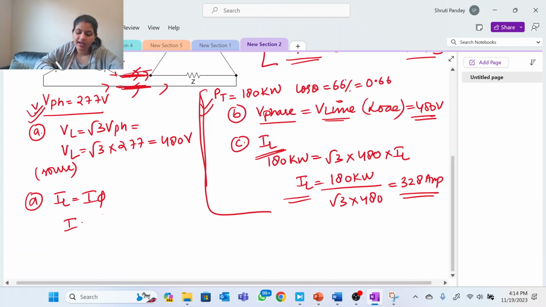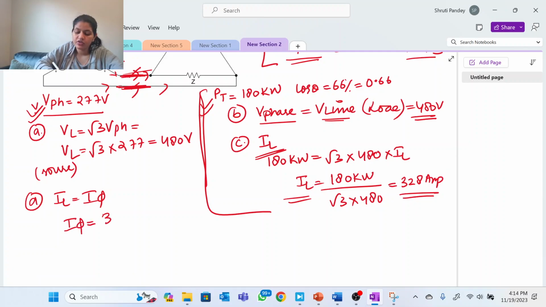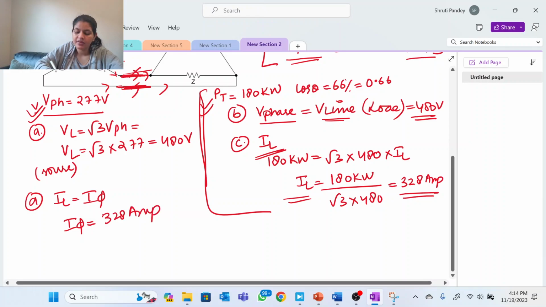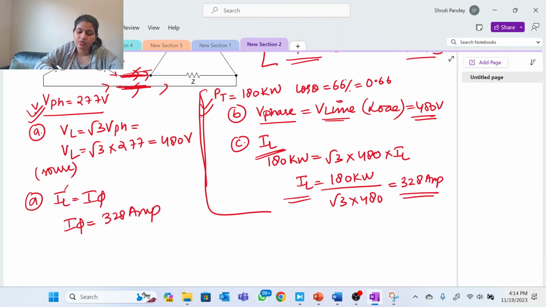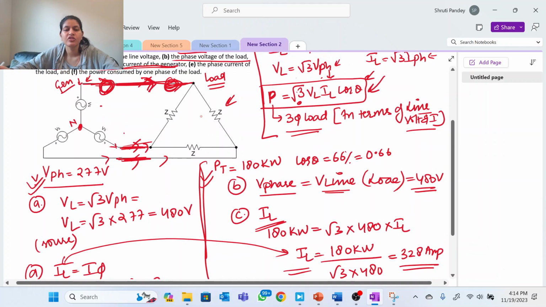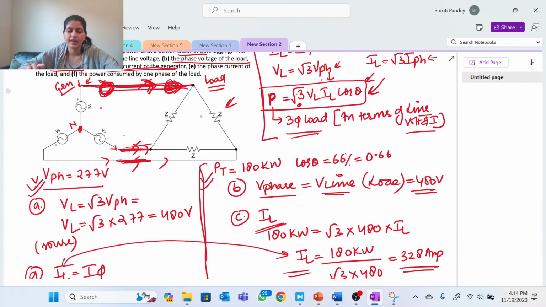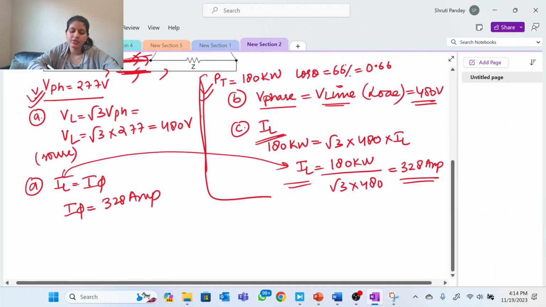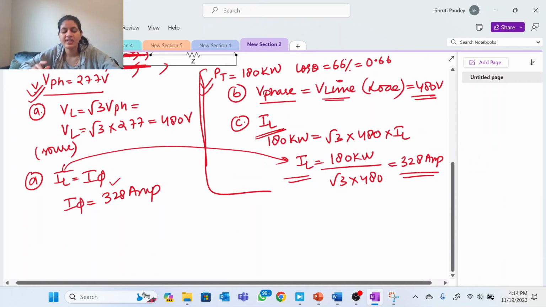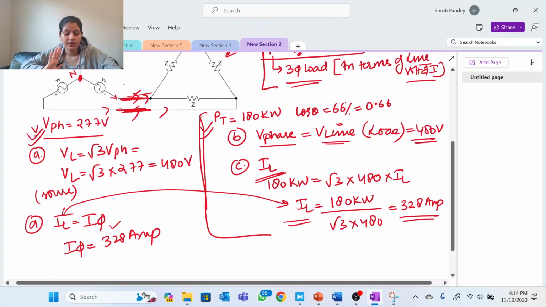So that means I phase is equal to 328 ampere, right? Because this is the source side. So I line for the source side is the same as I line for the load side, because this is a common line. And as this is equal to I phase, 328 will be the value of phase and line both.